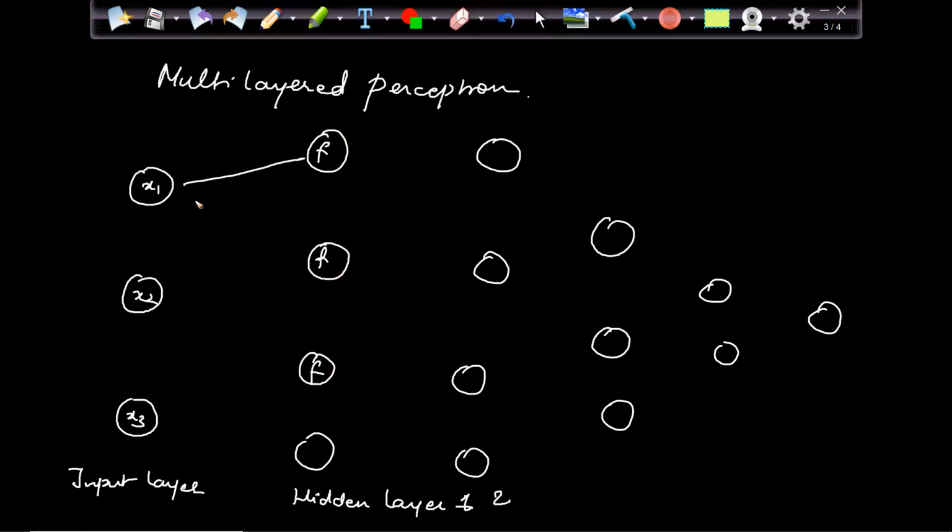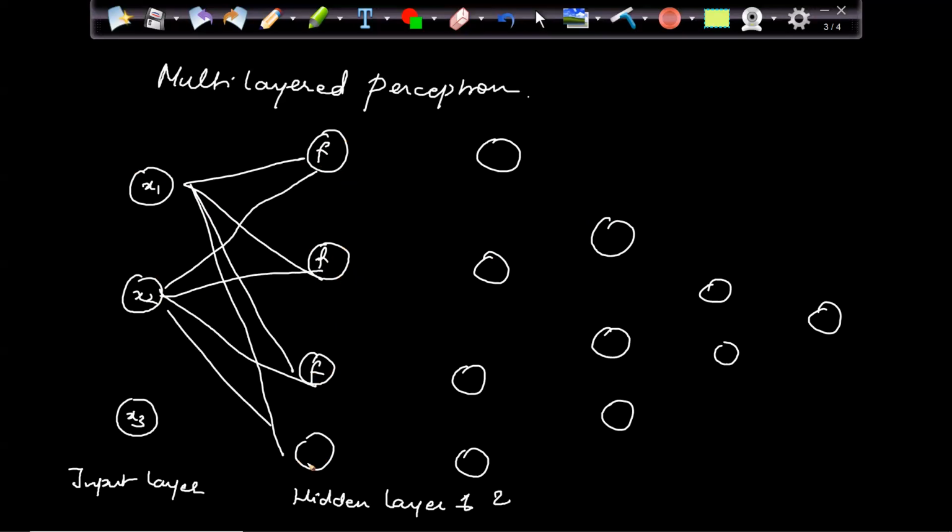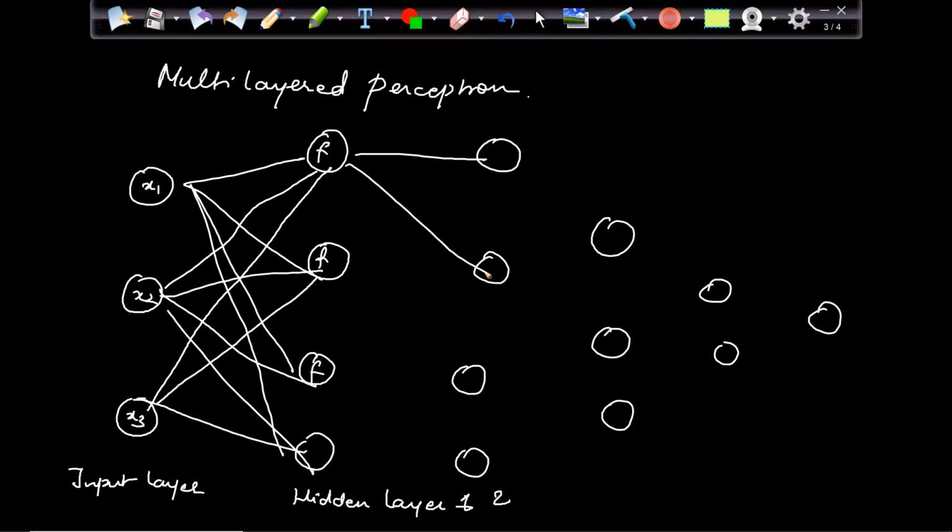And all these are connected. You can see here, all the input variables are connected to each neuron, basically. Same way, this will go here, this will go here. These are my outputs from the first neuron and so on.